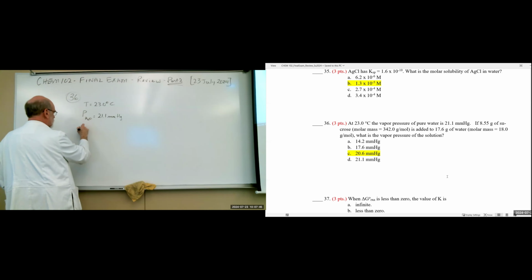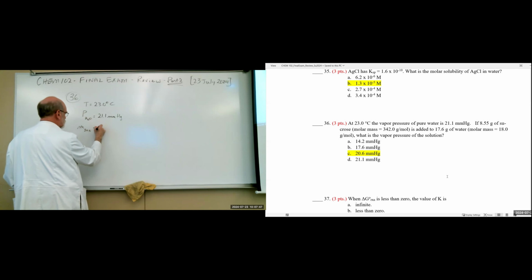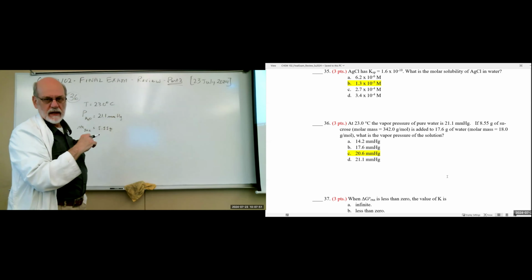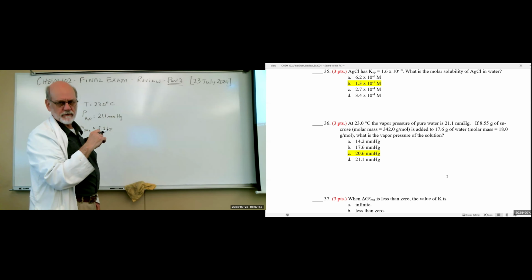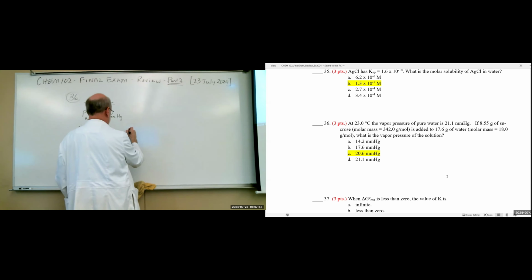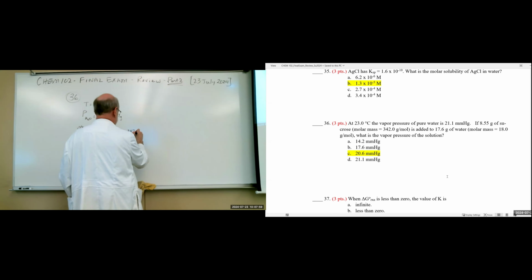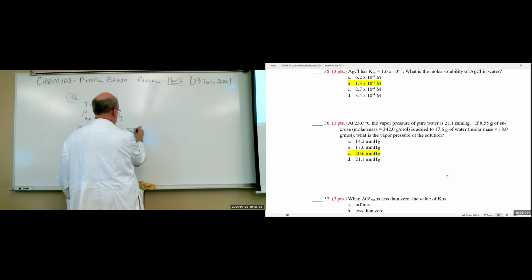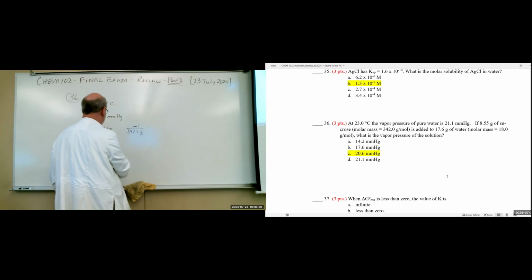So the mass of sucrose is 8.55 grams. And its molar mass is 342 grams per mole.